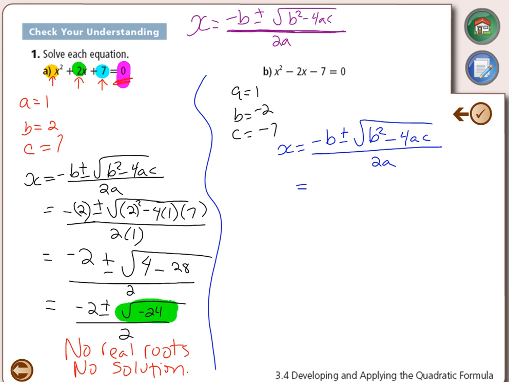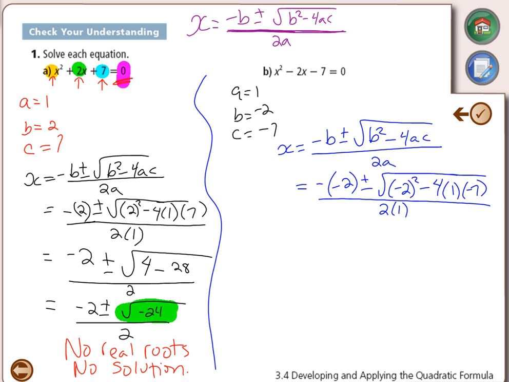And start plugging in with brackets. Negative 2. Oh, we changed the 2 and the 7. Plus and minus square root of negative 2 squared minus 4 times 1 times negative 7 over 2 times 1.